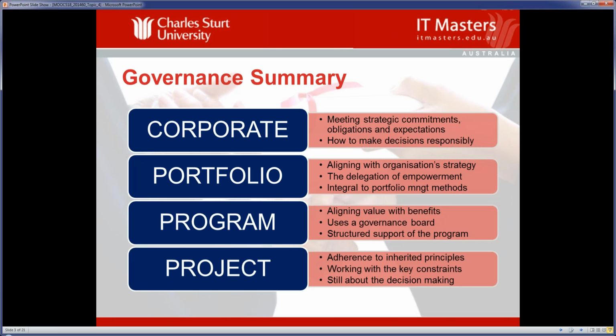What are the high rules, the master rules about what happens in that organization? And most pointedly, it's about decision making. We're going to talk about how that corporate policy, that corporate governance of decision making, translates into portfolios and programs, because when you're looking at it from the corporate point of view, there are some specific high-level things that we'll elaborate on.